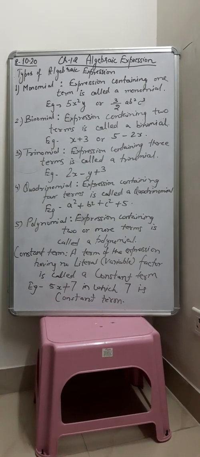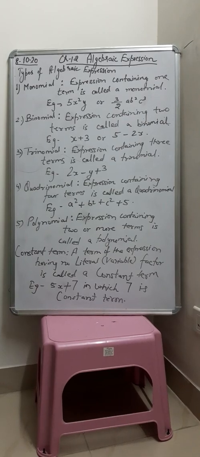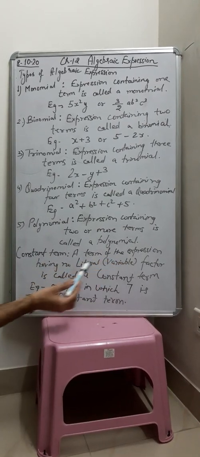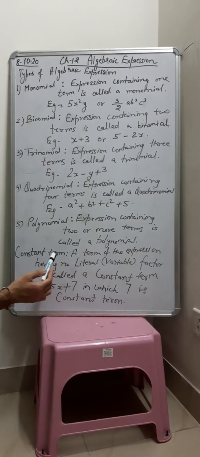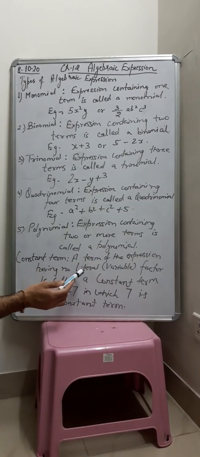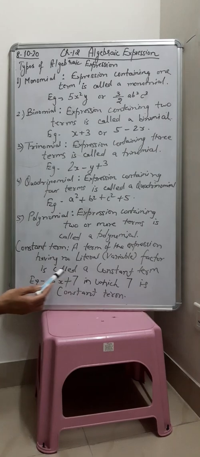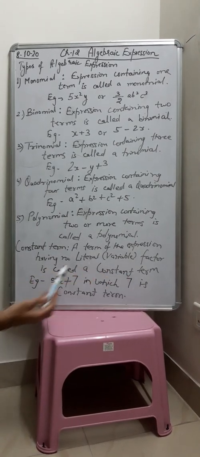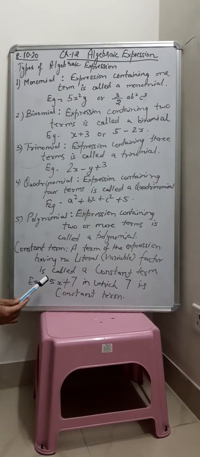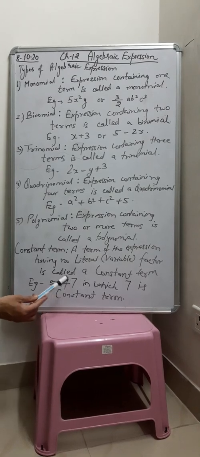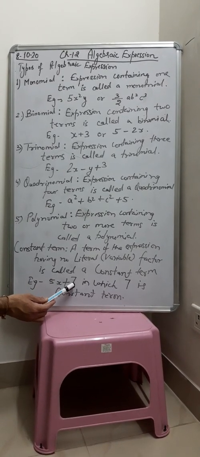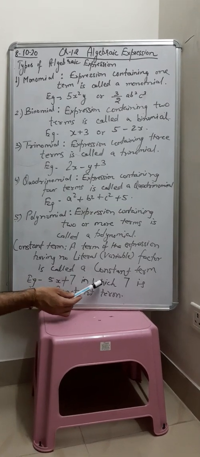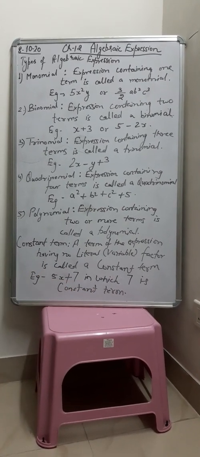Next is the constant term, the term of the expression having no literal, that is, no variable. For example, in the expression 5x plus 7, the 7 does not have any variable. So that's why 7 is a constant term.